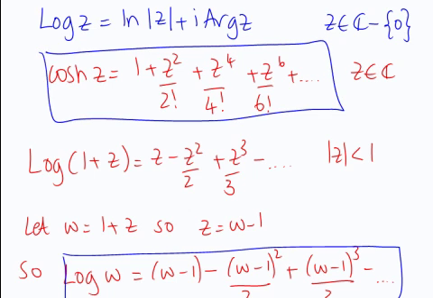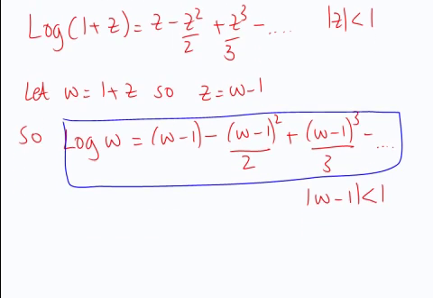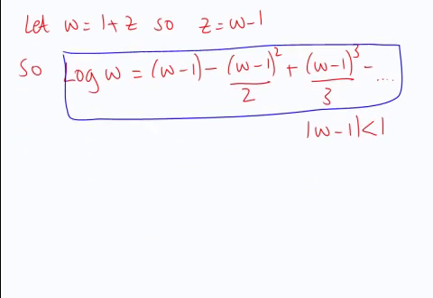What I'm going to do is use what's called the composition rule, and I'll show you what I mean. What we're asked for is the Taylor series of the log of cosh of z.